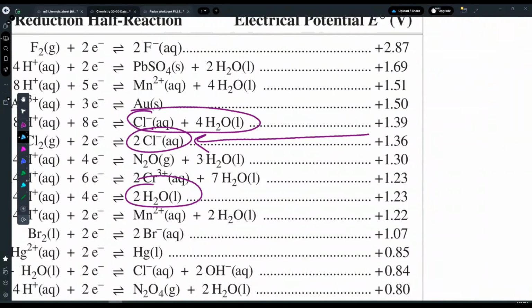But since right now I'm using the non-formula way to figure out the voltage or the net electric potential, and since this is my oxidation reaction, I'm going to flip the sign on this.